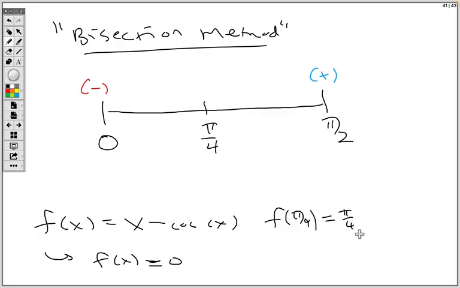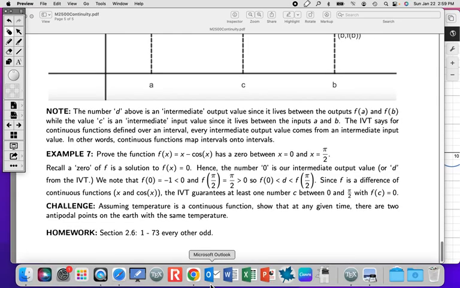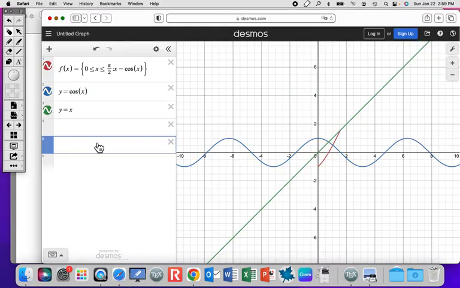So that's pi over 4 minus the cosine of pi over 4. And we'll go ahead and use Desmos to help us with this. So f of pi over 4 is, well, 0.078 blah, blah, blah.